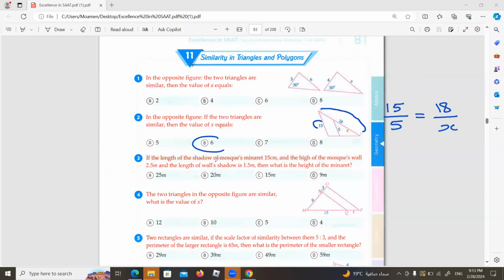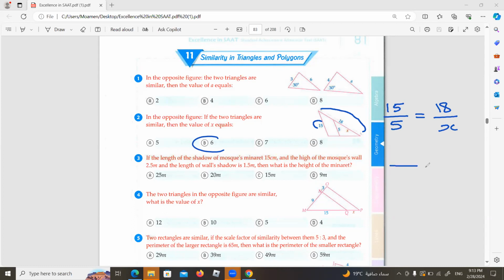Number 3. If the length of the shadow of a mosque minaret is 15, and the height of the mosque wall is 2.5 meters, the length of the wall's shadow is 1.5, then what is the height of the minaret? Pay attention, this is a real life application of proportion.